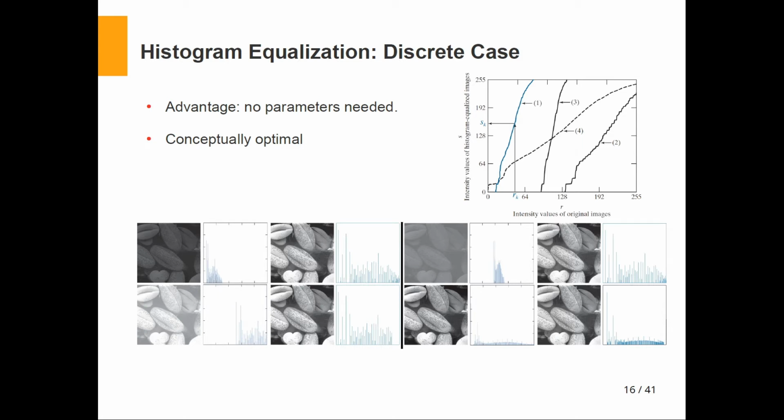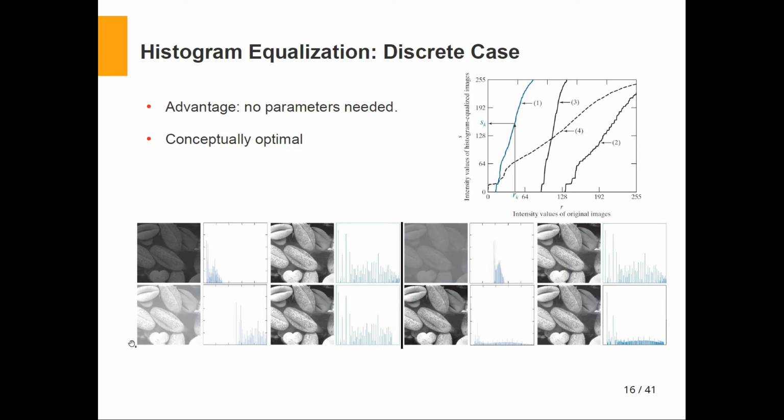After applying the histogram equalization, we derived this curve 1 as the intensity transformation function, and the resulting histogram after equalization is this, which as you can see is much more uniform than the initial histogram. It can be seen in the result that now the image has much more contrast.